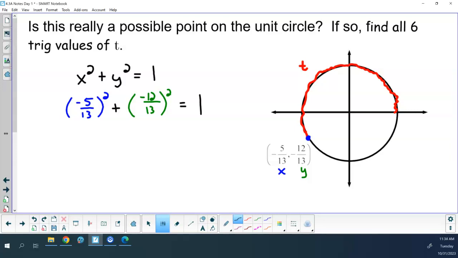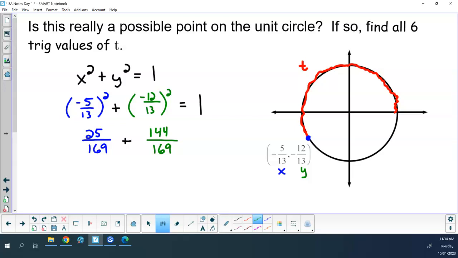Well, negative 5/13 squared. What is that? 25 over 169? Negative 12/13 squared. Do I have common denominators?